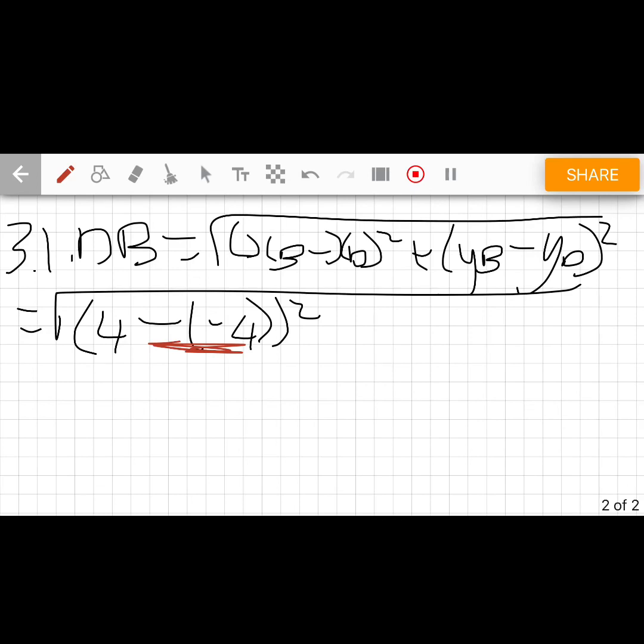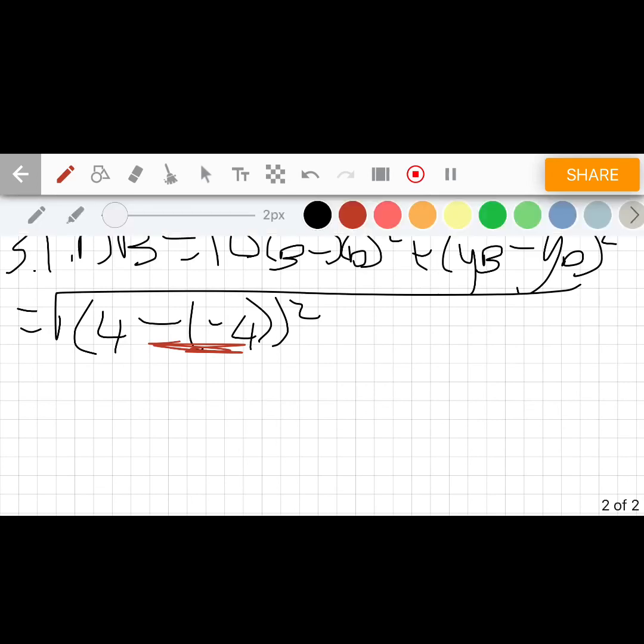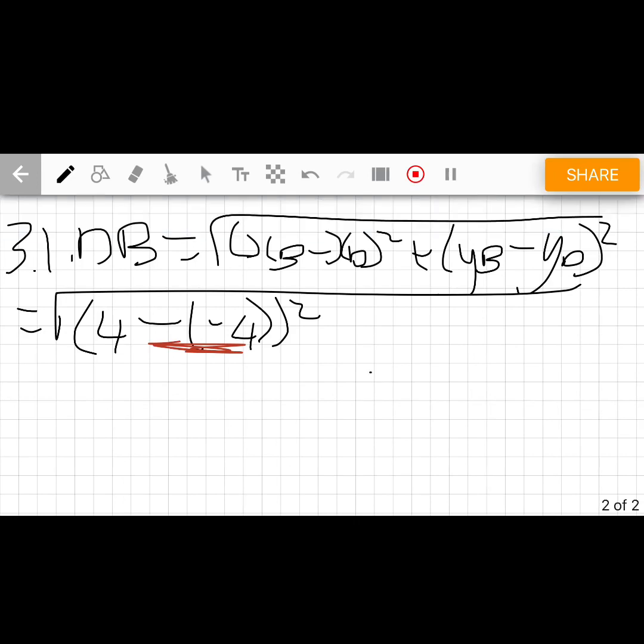It gets quite confusing if you say negative negative without the brackets. With the brackets, it indicates that the bracket is now going to be multiplied with a negative number.